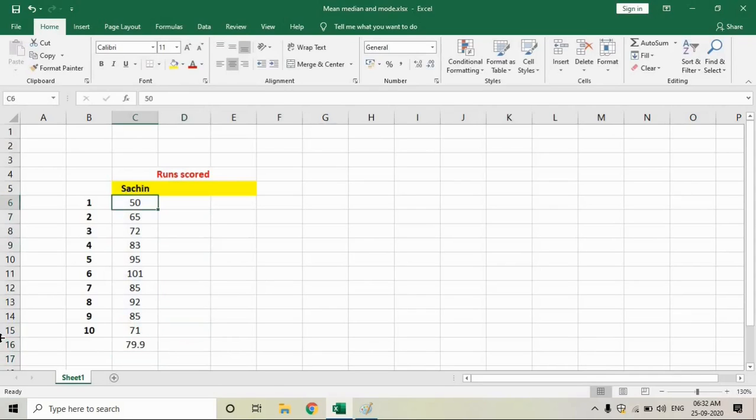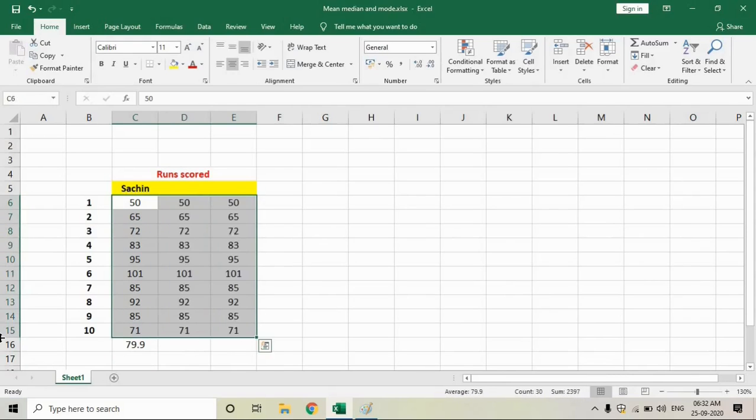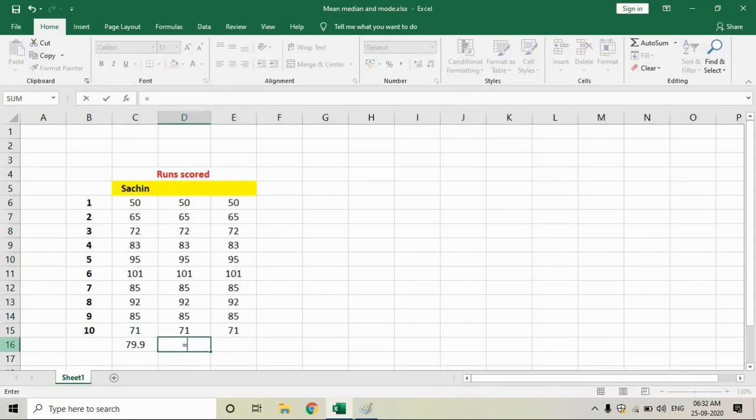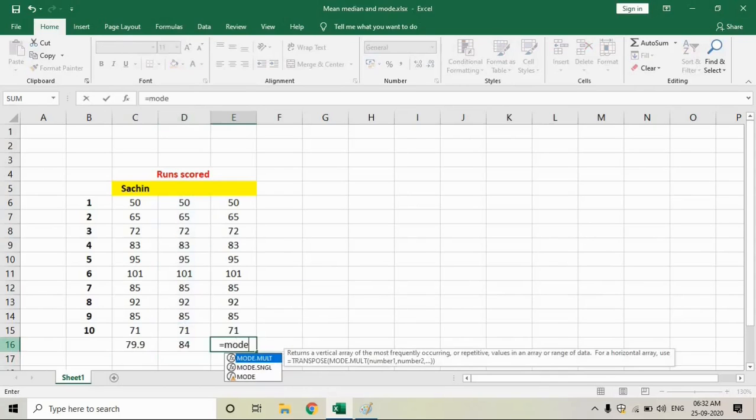I can use the same series for calculating median and mode. First, let me copy these values, and let's see the value of median by using the function median. And the value of median is 84, and I can see the value of mode also.